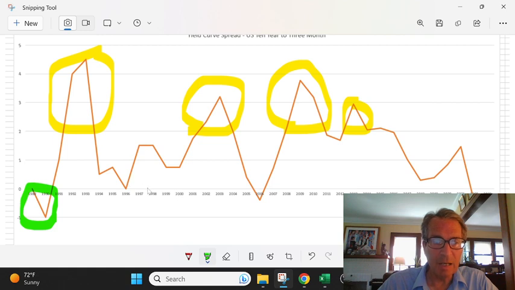It didn't happen in 96, but it came close. These are year-end points, so this is December 31st or January 1st or January 30th dates, depending on how the holidays transpire.